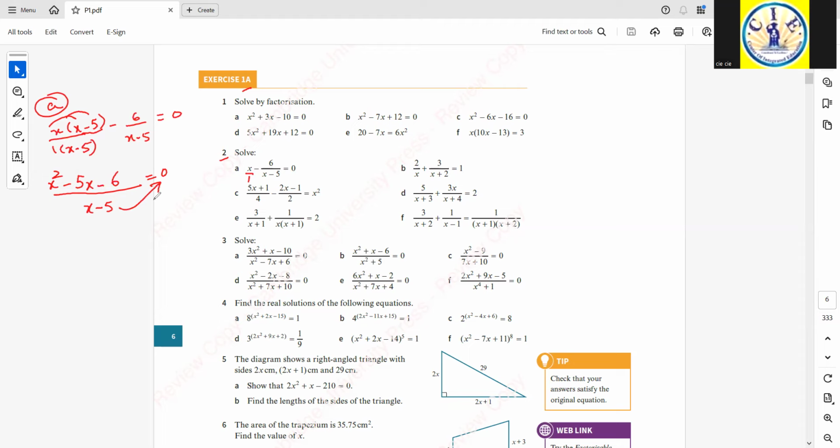Now shifting this x minus 5 to the other side for the cross multiplication, 0 times x minus 5, so that would be 0. So now this is a quadratic equation as we have been solving in question number 1.